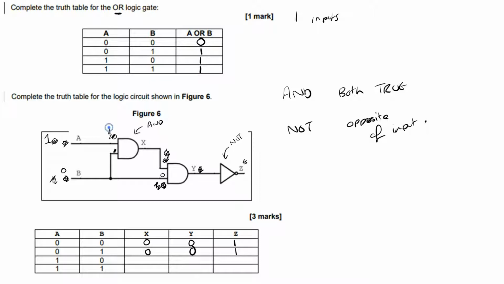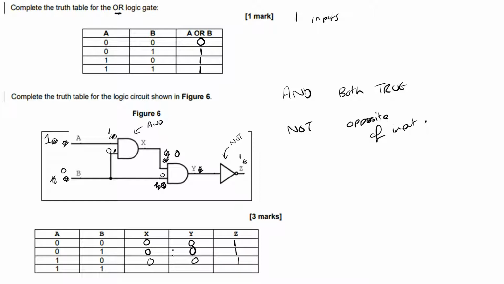A will be on there, but it'll carry up and off there. The output from that will be off. So there's 2 offs now. So that's definitely an off. And then we've got the opposite of that, which is a 1. So now we've got 0, 0, 1.